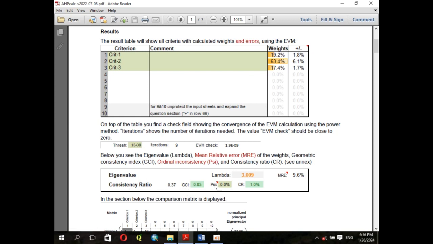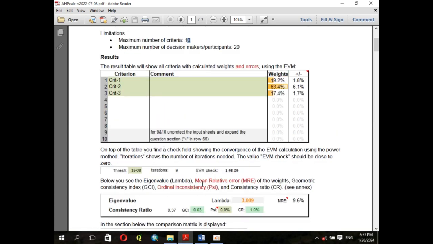Yes, we can get this CR or PSI as well as GCI. Okay, you can get what MRE means. That means the mean relative error, and the geometric consistency index, ordinary inconsistency, and consistency ratio.